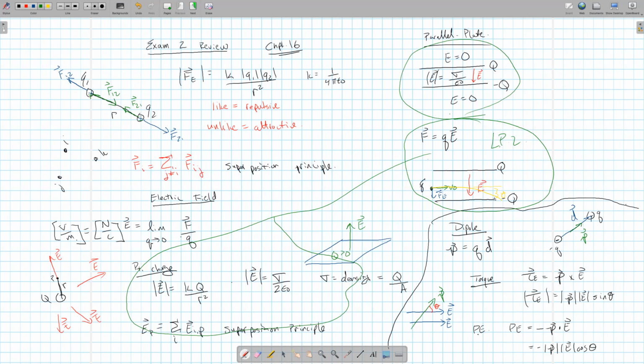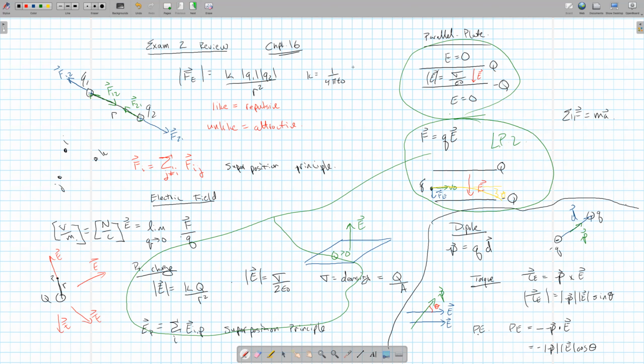And then look at things like deflections using Newton's second law, which, just to remind us, says that the sum of the forces acting on an object is equal to the mass times the acceleration. So here, if I know the electric field and I know the charge, I can then find the acceleration. So these would basically be the long type problems.